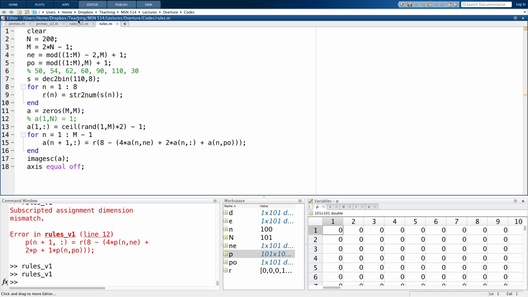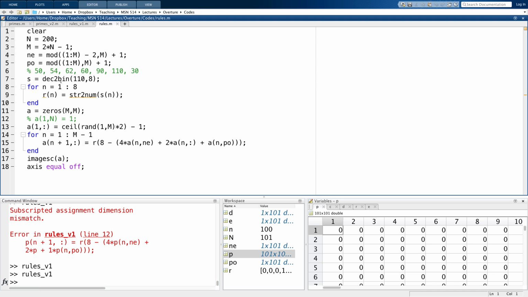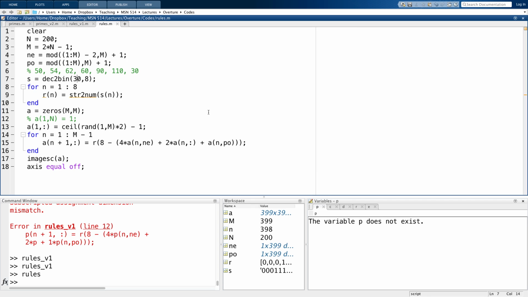Basically, as I mentioned, rule 30 corresponds to the binary code of this one, right? So in this code, you have this place where you take the decimal to binary. You simply type rule 30, not 300, 30, and you get something I didn't expect.